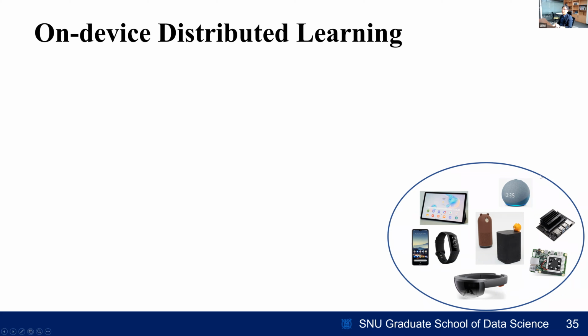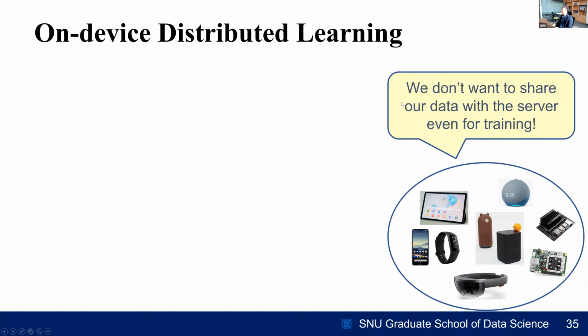This means that even though inference is done locally, the server still needs to gather a big data set, maybe a private data set, for training the model, which also causes a privacy leak. It would be even better if users don't have to share their private data at all, even during the training phase, right? So these devices don't want to share data with the server, even for training, not just for inference.